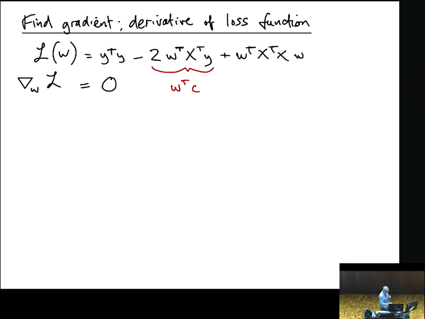And it's essentially no different when we're dealing with vectors. So let me rub out that bit of working. What we've got is 2, the W transpose goes away, but we keep the constant, so it's 2X transpose Y.